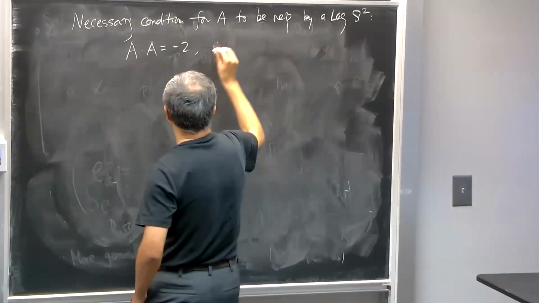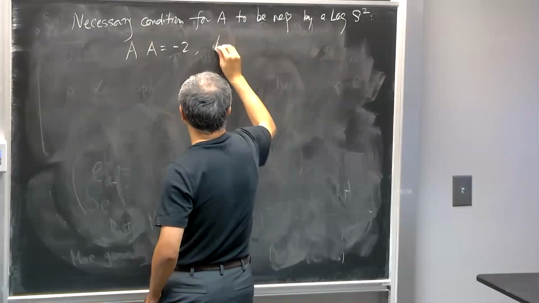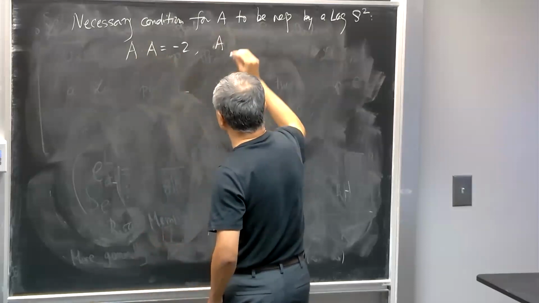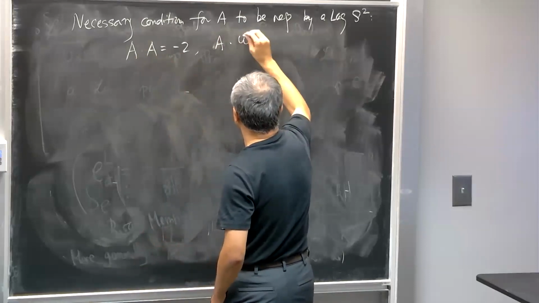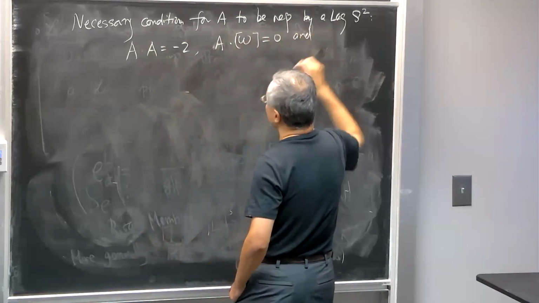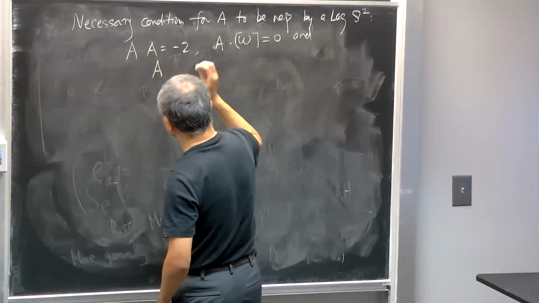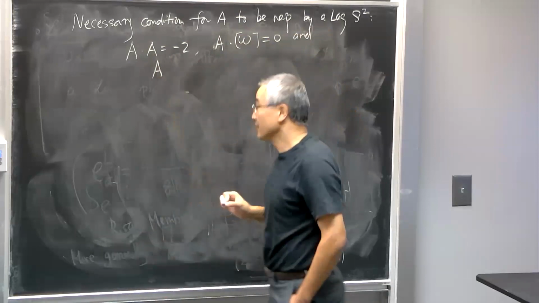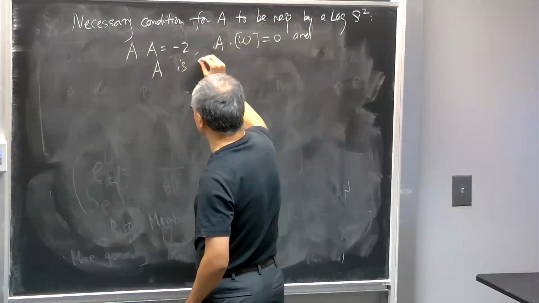First of all, the self-intersection is -2. And of course, A has to be represented by a smooth sphere.